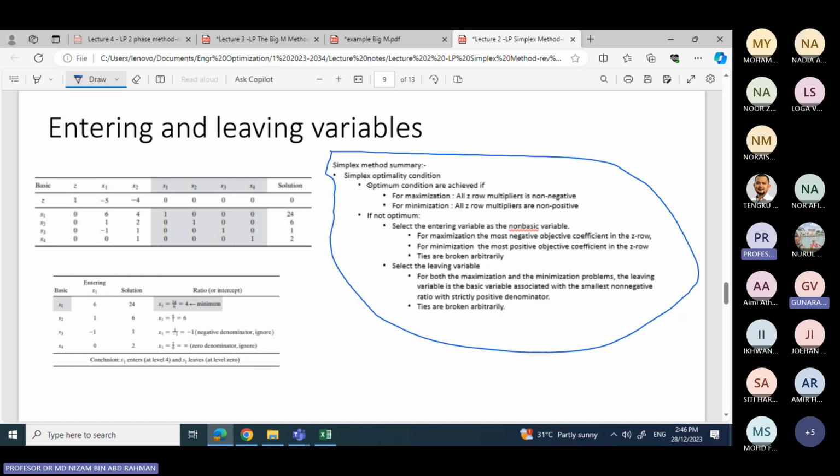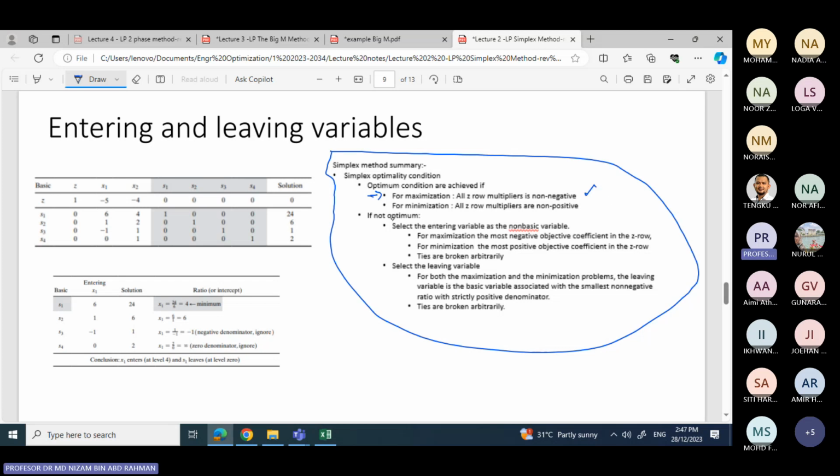First thing you have to check is whether the solution is optimum or not. Macam mana nak check whether the solution is optimum or not? For maximization, all the zero row multipliers are non-negative. So if the objective function is maximize something, if all the zero row multipliers are non-negative, semua positive, then you say it's optimum, that you are done.